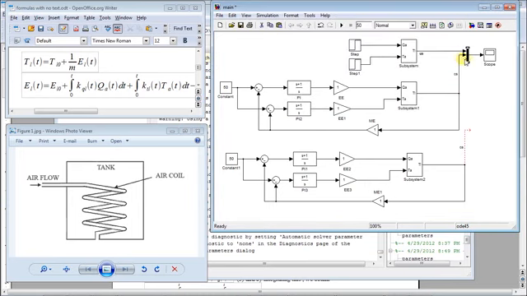But for this one I'm going to adjust the PID parameters.